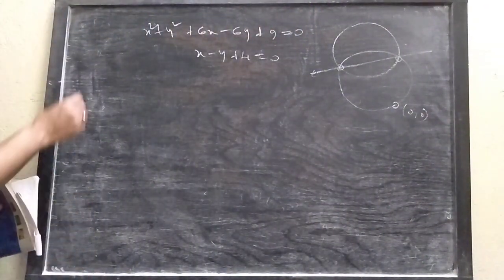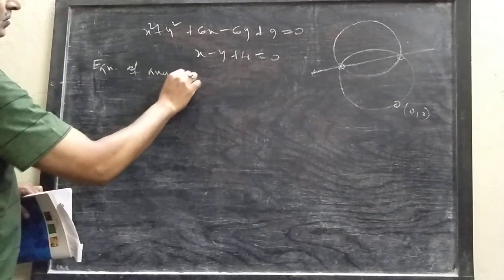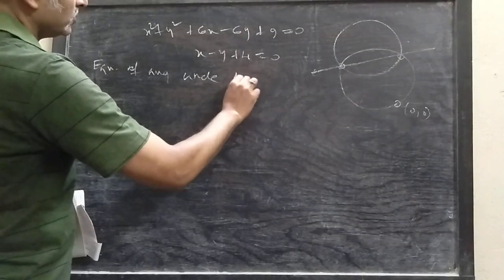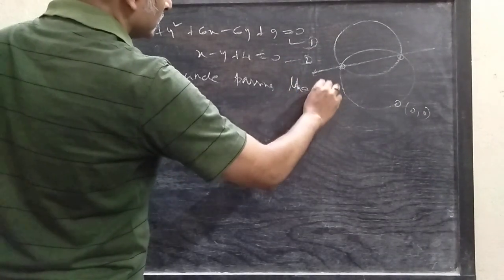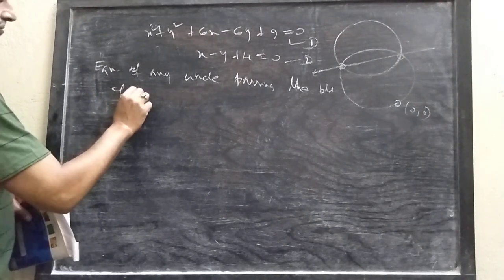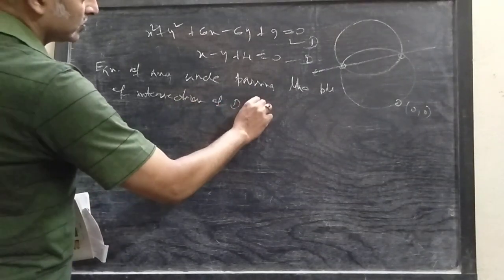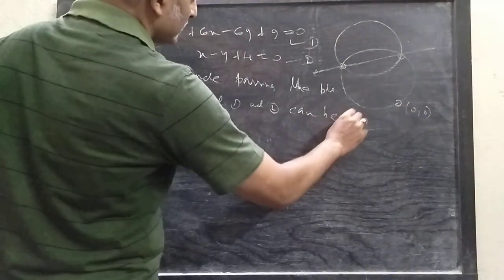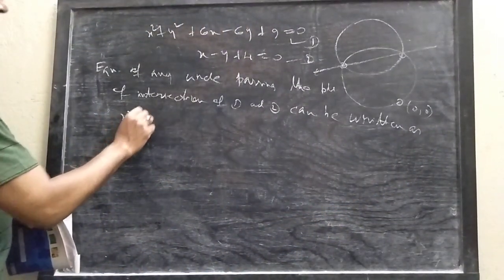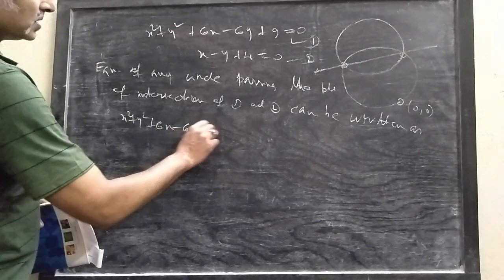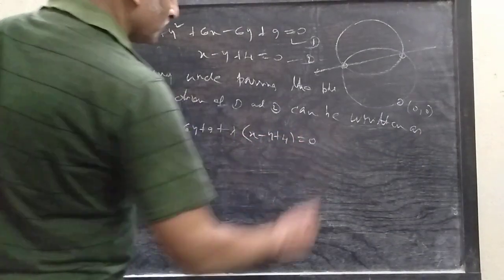Okay. So, write the equation of any circle passing through the points of intersection of 1 and 2, say this is 1, this is 2, can be written as x square plus y square plus 6x minus 6y plus 9 plus lambda into x minus y plus 4 equals 0.